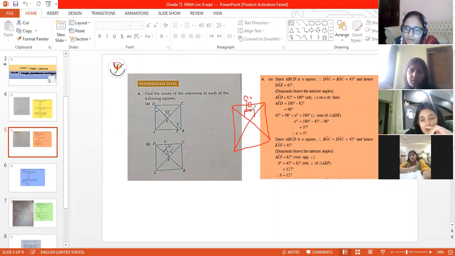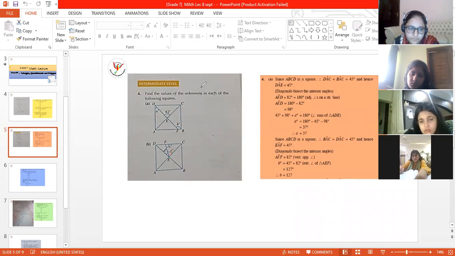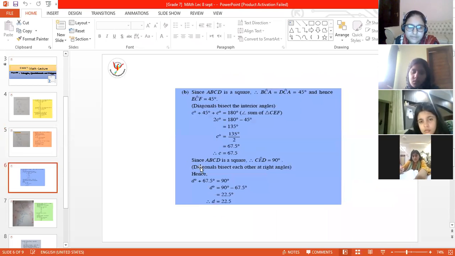This whole part will be 90 degrees, but one part is 67.5 degrees. What will be the other part? 90 minus 67.5. The answer will be 22.5.